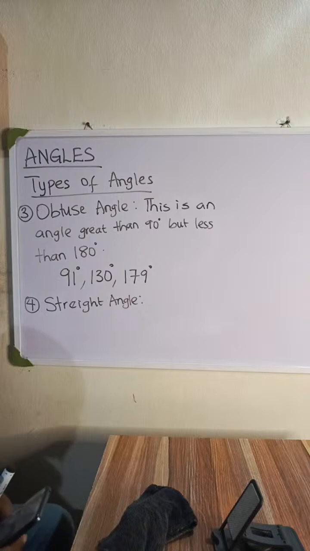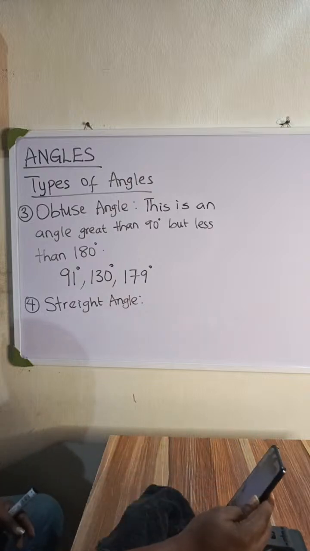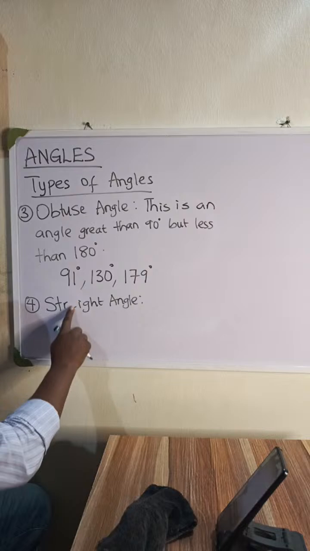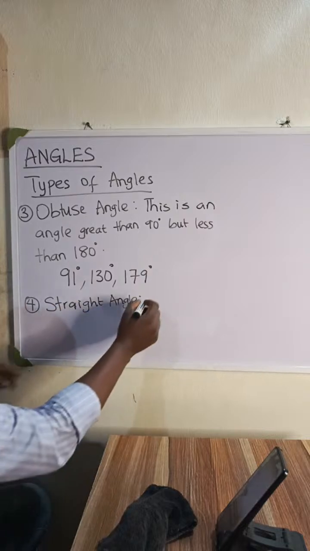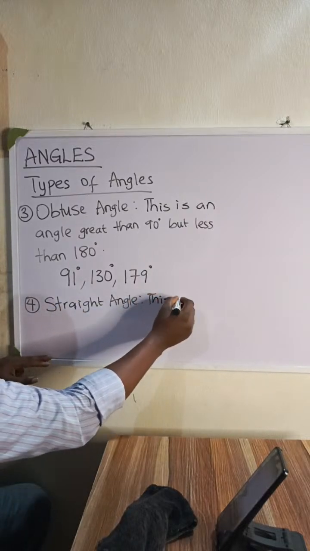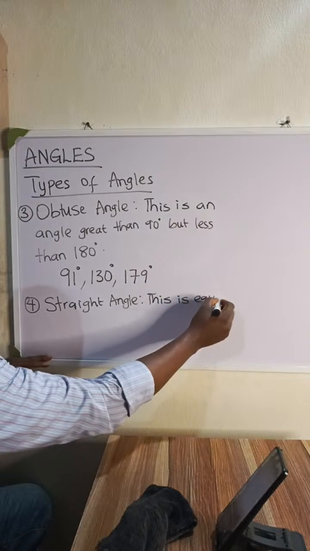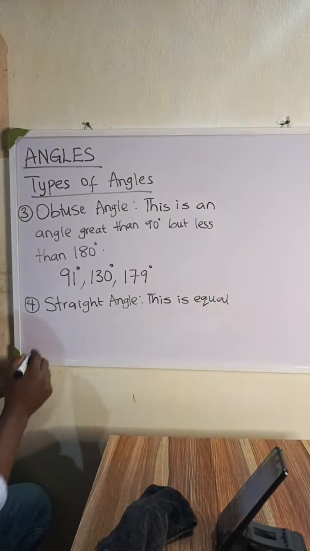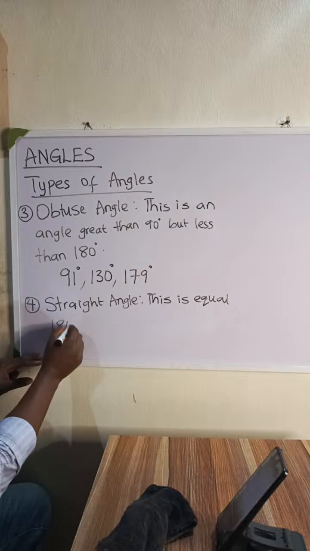So a straight angle is equal to 180 degrees.